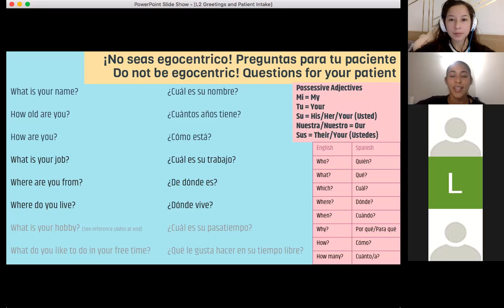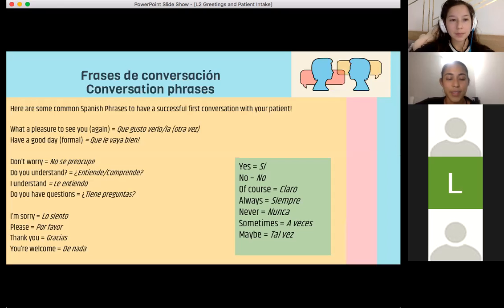They're usually indicating belongings. So for example, if you want to say my tooth, you can say mi diente. And if you want to transfer that to the plural form, you would say mis dientes, adding the S at the end.